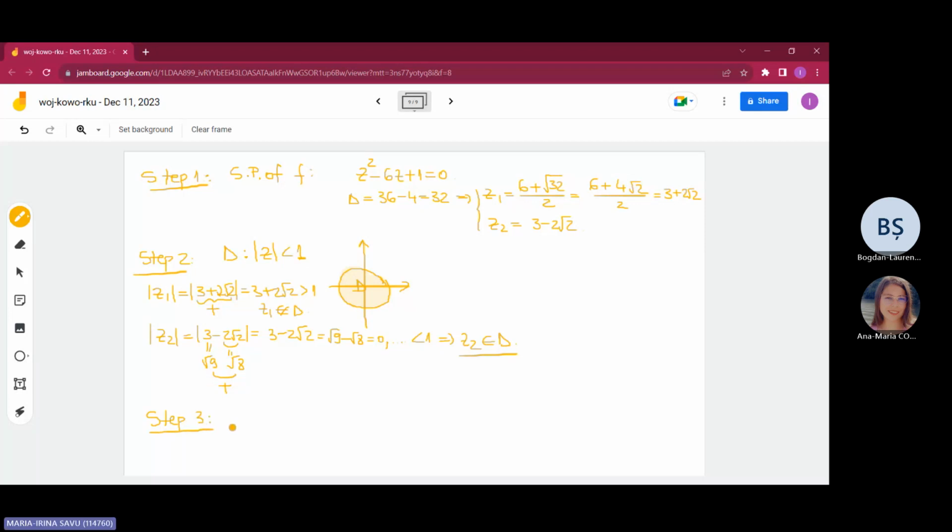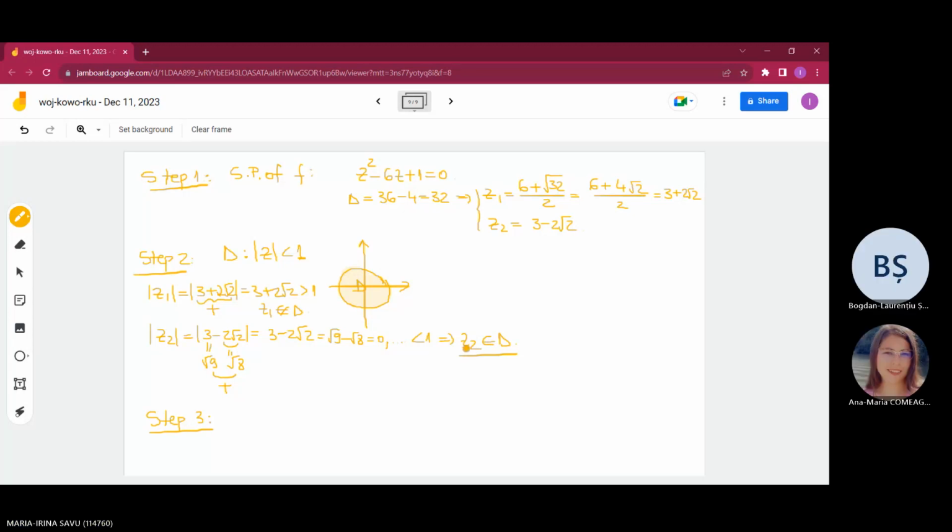Let's find what type of singular point this is. What type of singular point is z2? Pole of order 1.